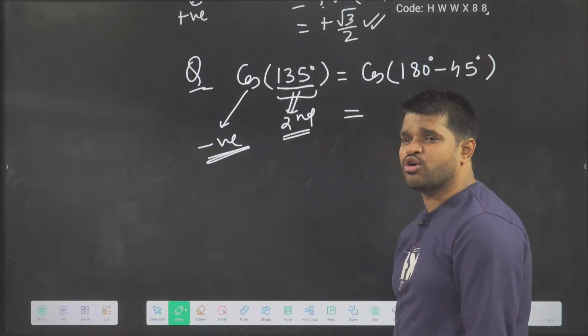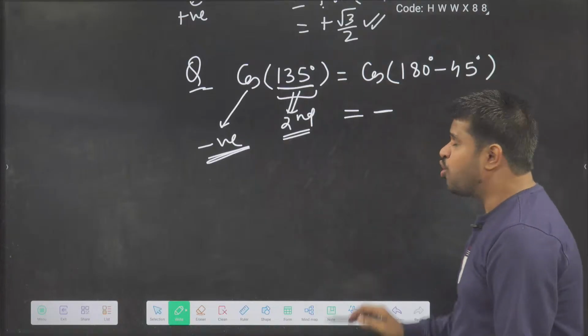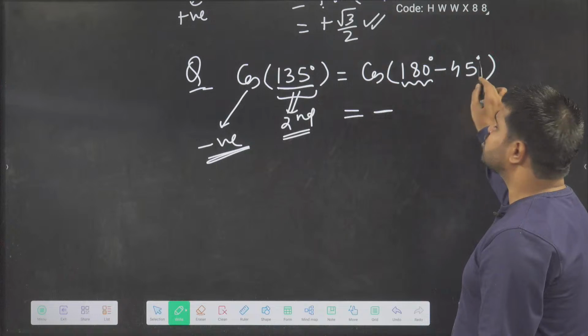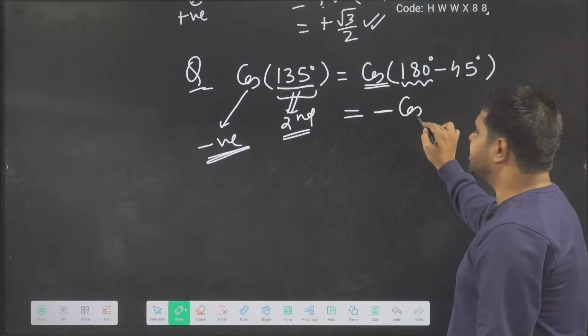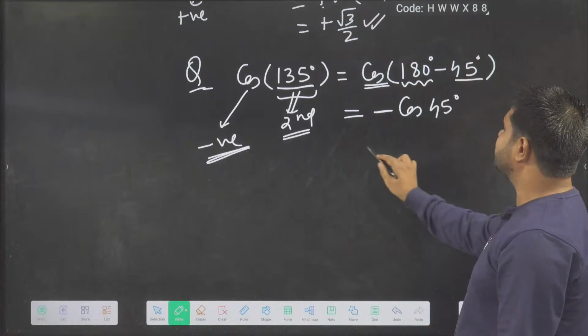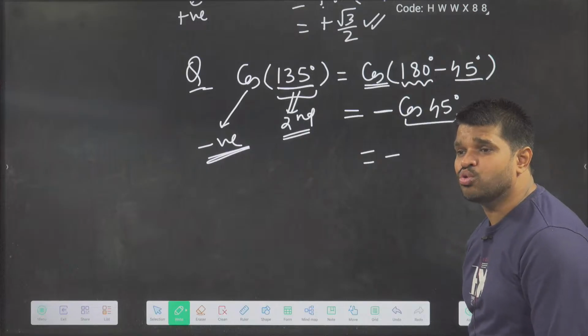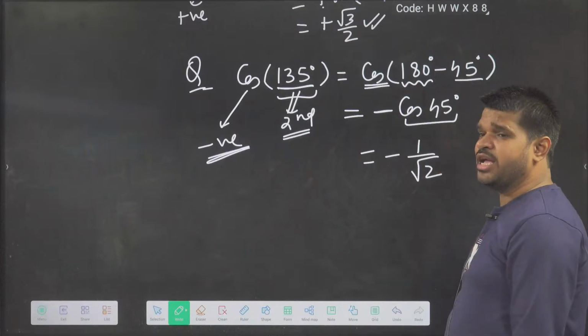So first of all I will put the sign. Now I have written 180 degree plus or minus theta. Now this ratio will come as it is. Whatever angle is written here, paste it. Okay, so minus, what is cos 45? 1 by root 2. Minus is already here, so answer is minus 1 by root 2.